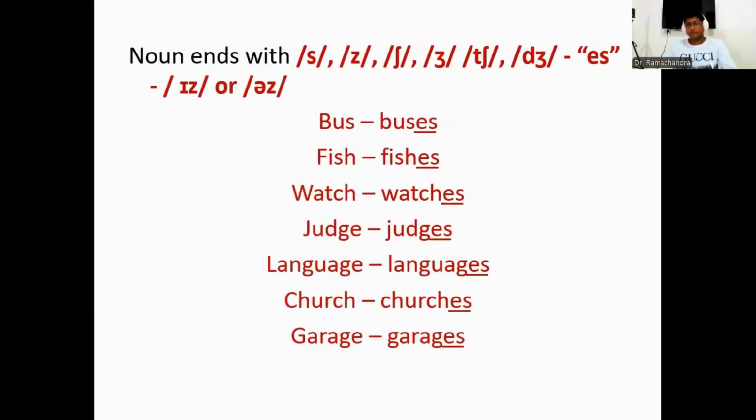But there is another clarification here. If any noun ends with these six sounds, which are called counterparts in phonetics: s, z, sh, zh, ch, j, the es becomes is or us, but not as.